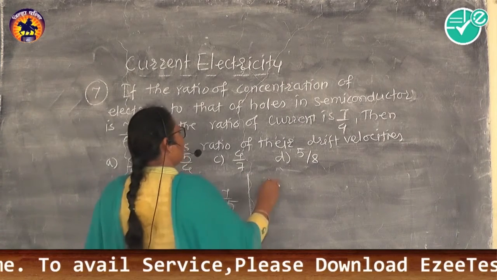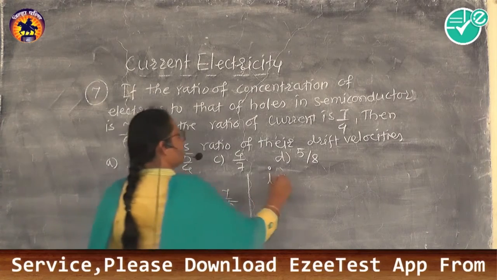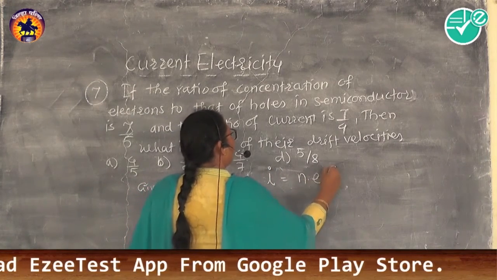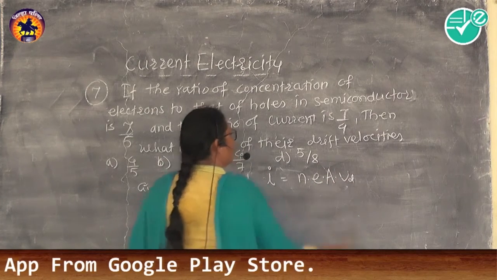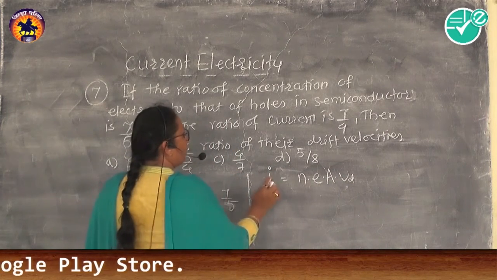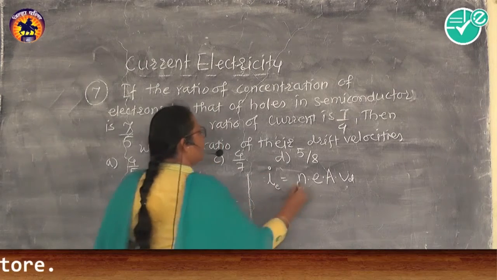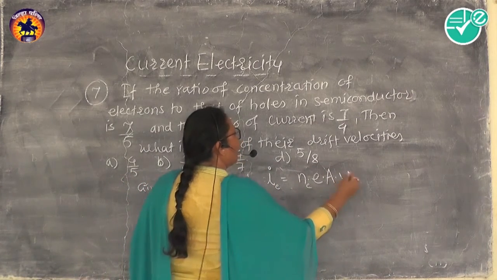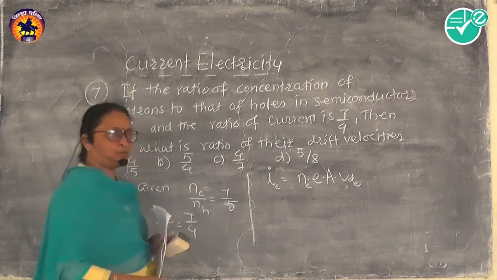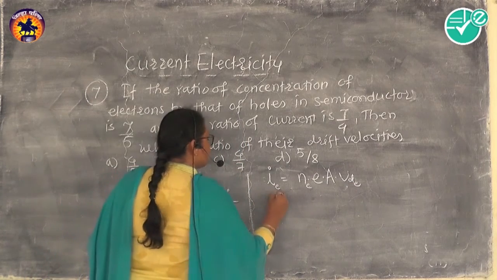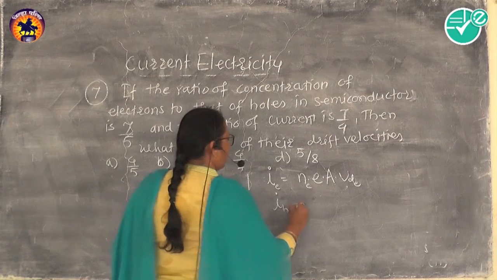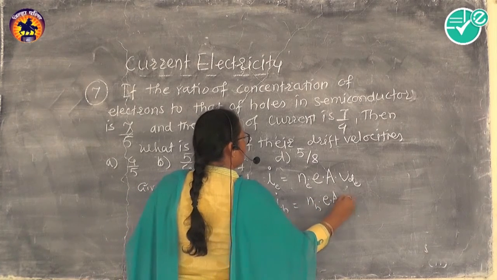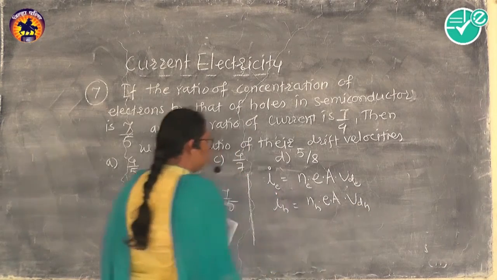By using the simple relation for current, I is equal to the basic relation N into E into area into drift speed. Suppose it is written for electrons, so IE is number of electrons, charge on electron, area, and drift speed for electron. Similarly, for holes, the same relation can be written as IH is equal to NH, E, AH, and VDH.